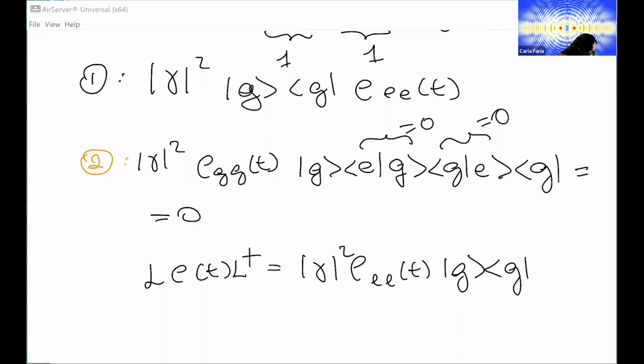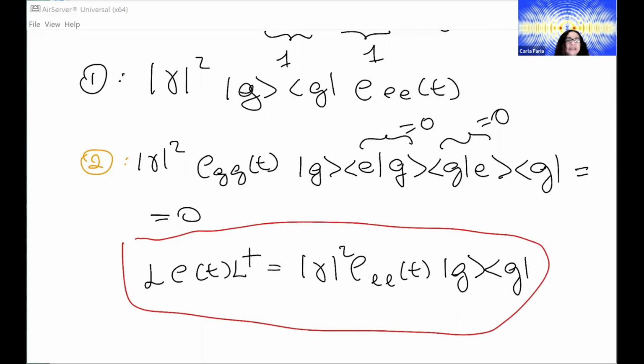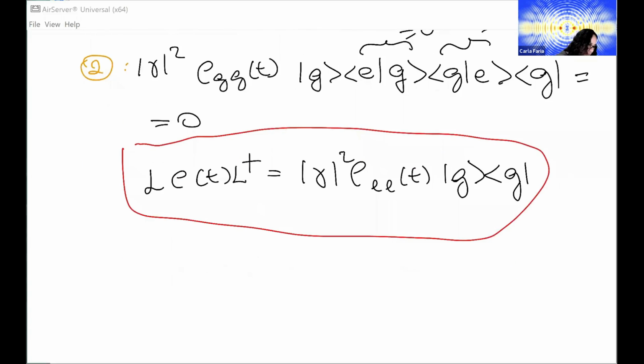We are saying that this operator is like making the system jump, and this is absolutely clear. And you transformed rho so that rho went from the excited state to the ground state, as you can see. This is like a transformation. So let's plug into the master equation, which was our first intention anyway.